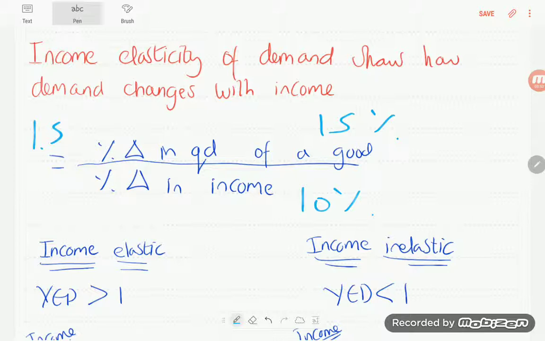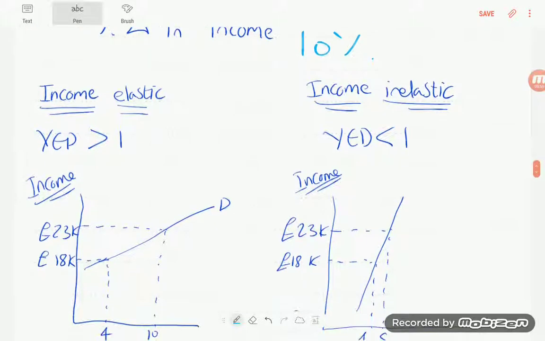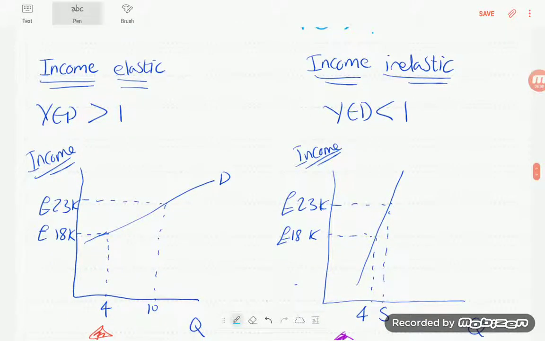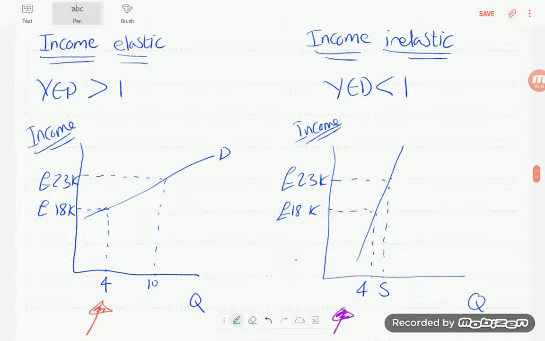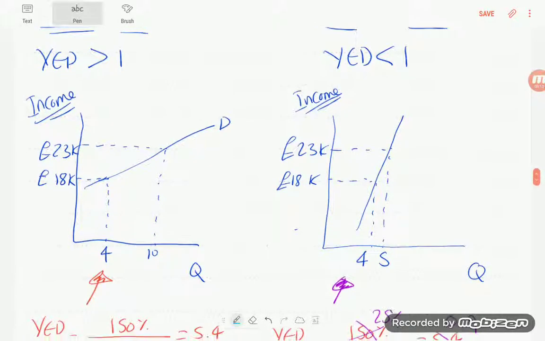Okay, so let's move on a bit. You can see that there are a couple of things to consider. Now, we have the income elastic first and foremost. So the income elastic is this one here on the screen.